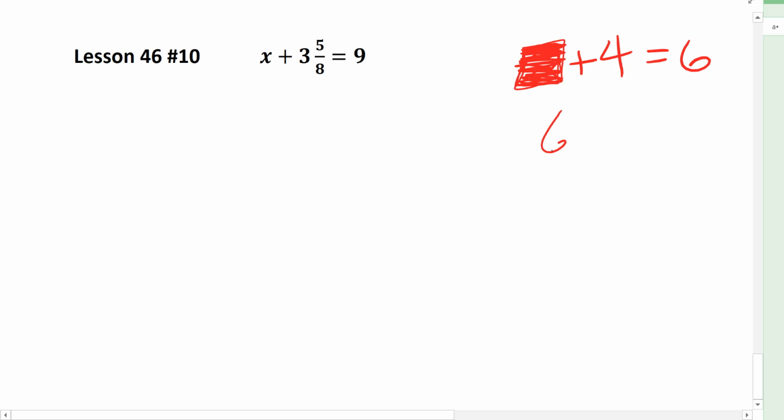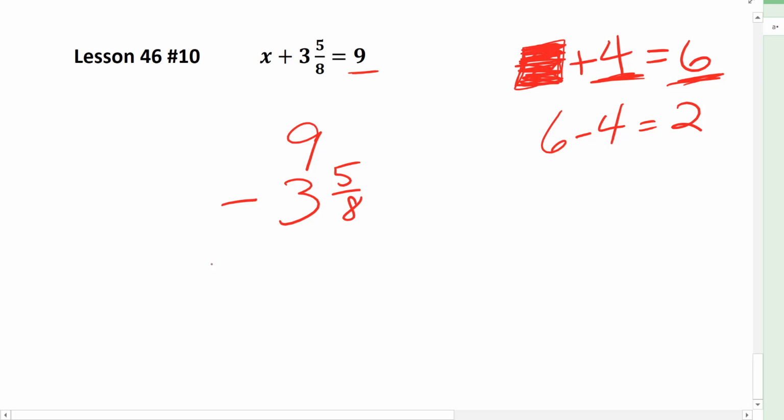Well, 6 minus 4. I would take this number and I would subtract that number. So that's what I'm going to do in this problem. I'm going to take the big number 9 and I'm going to subtract the 3 and 5/8. And that will give me the number that should come first.